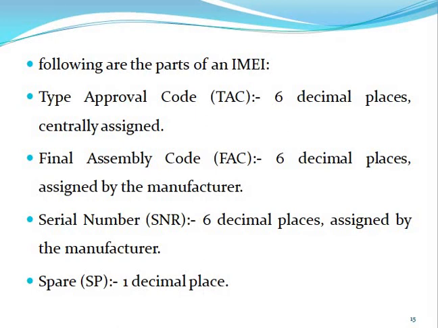So what is the IMEI number? In the IMEI number, 6 digits are centrally assigned and 6 digits are a manufacturer-assigned code for the particular mobile, and you can find your IMEI number. It is fixed, so it does not change.